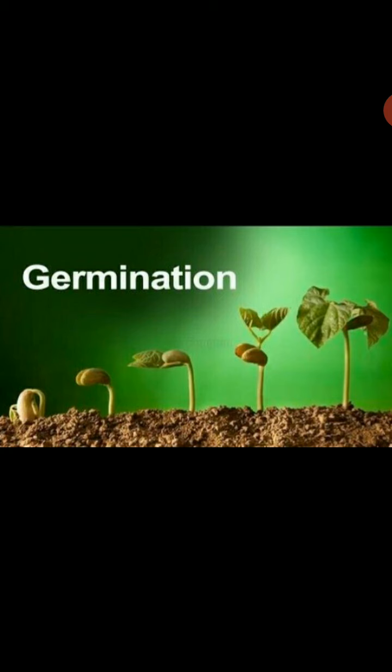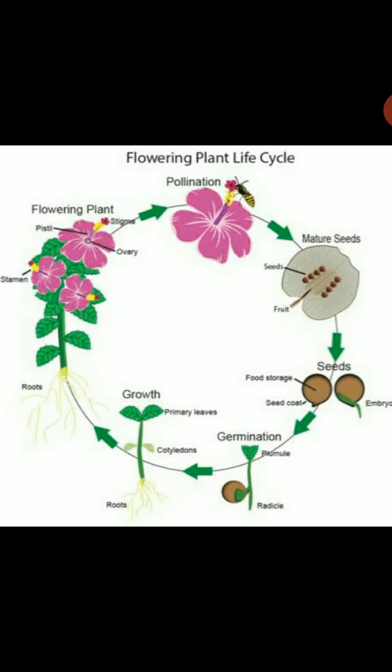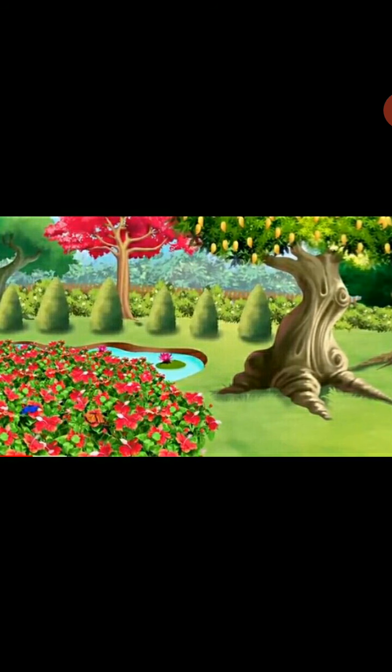It is said to germinate. So, the beginning of the growth of a seed is called germination of seeds. This is the flowering plant's reproduction cycle. These will give us a number of flowers, a variety of flowers and fruits. These are all about reproduction in flowering plants.